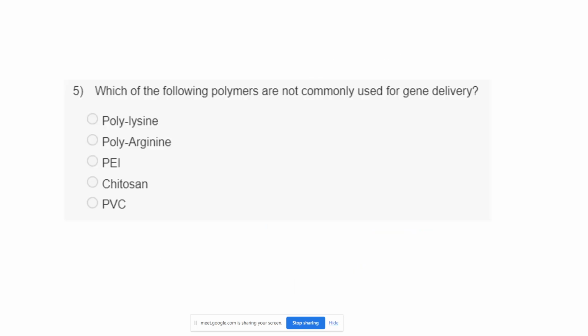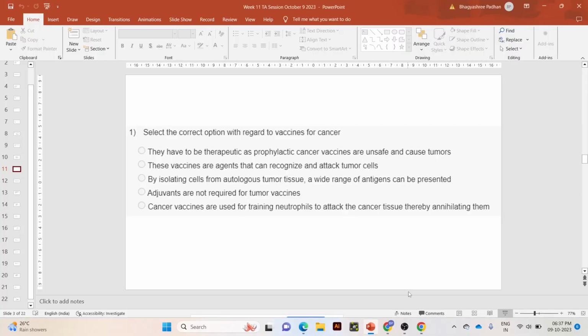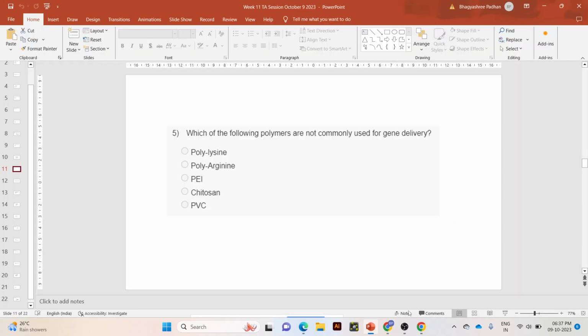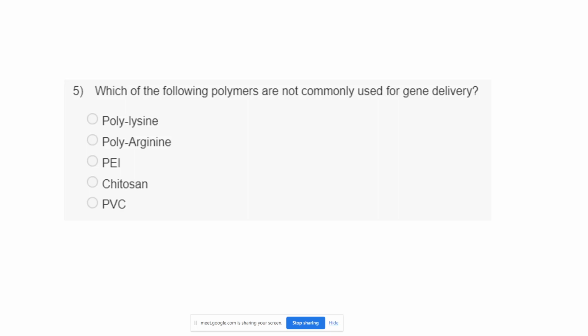Next question. Which of the following polymers are not commonly used for gene delivery? Okay, so here the correct answer would be PVC.